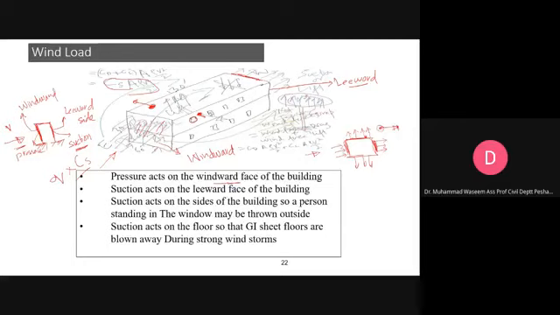On this side you will also experience suction, and inside the building as well. It will try to blow off the roof, and the floors will be experiencing suction. There is pressure on the windward side, and on other sides of the building and inside the building you will experience suction.